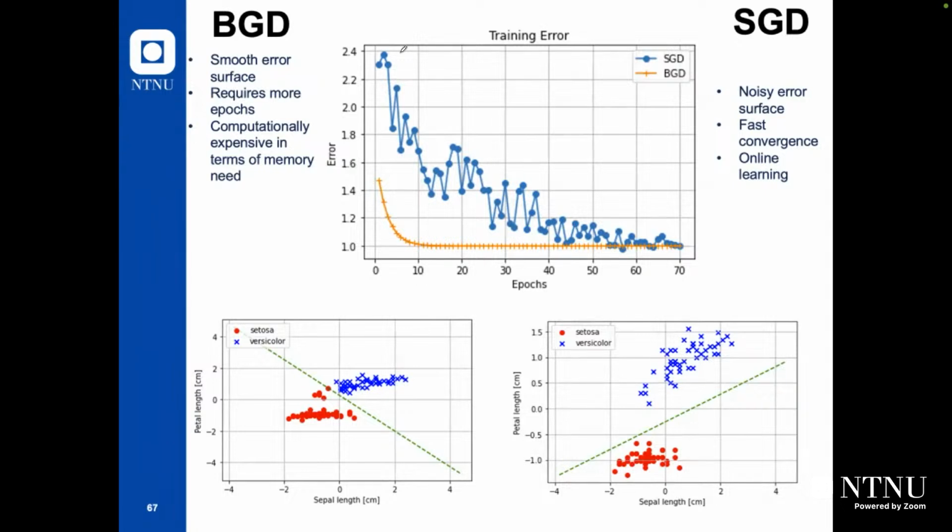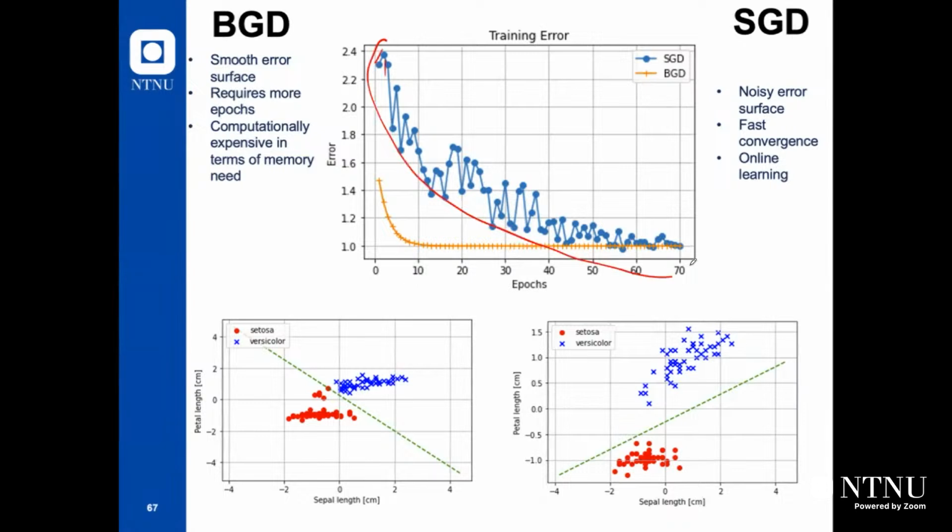We are not using the mean gradient, but in each epoch we apply all my data points. So the error surface will be noisy, like this one.